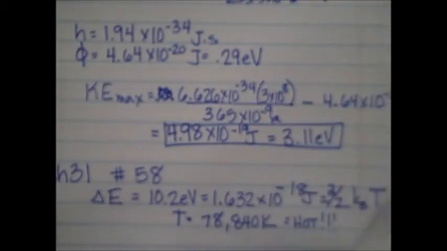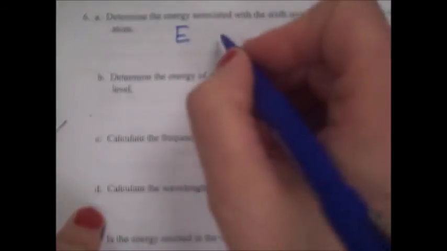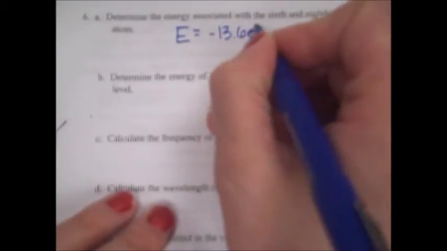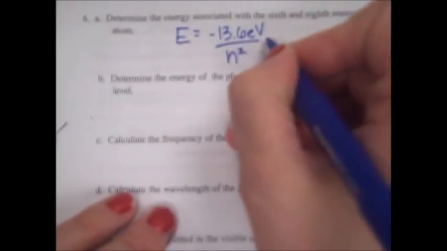Other ones we could look at. For hydrogen, remember that the energy levels would be negative 13.6 electron volts divided by n squared.